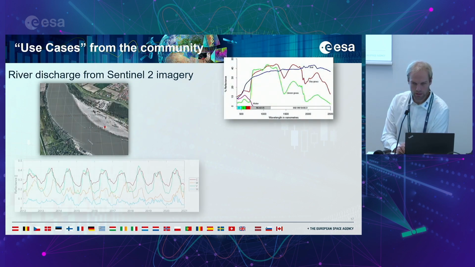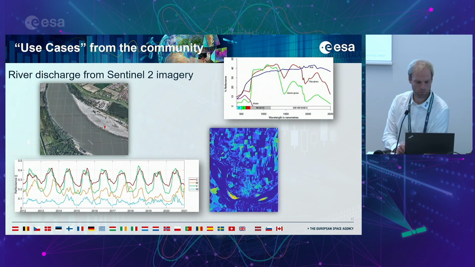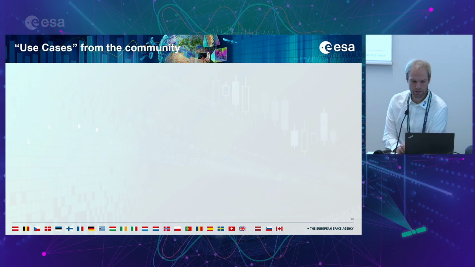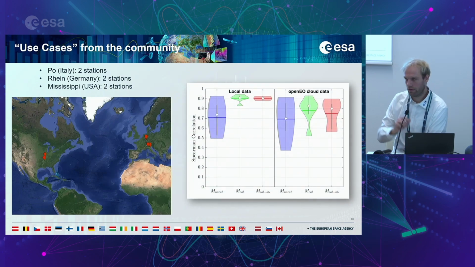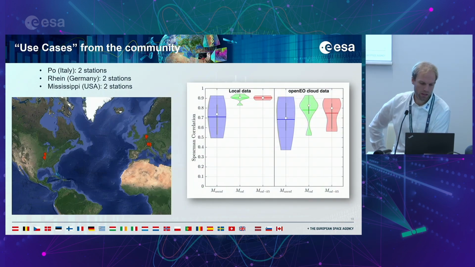Another use case developed by people from northern Italy, from ERP, is river discharge. So you can actually look at these sand benches of rivers, and you can estimate the river discharge from that. And it has been done on several rivers, and it looks actually quite nice.